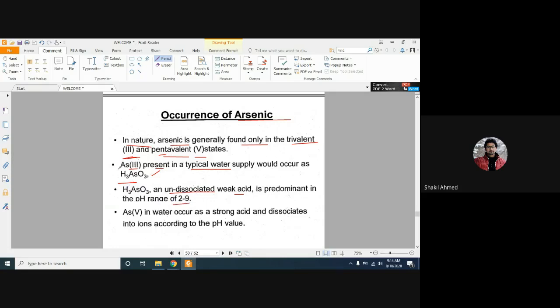So here arsenic is in this trivalent form. Arsenic 5 in water occurs as a strong acid and dissociates into ions according to the pH value.